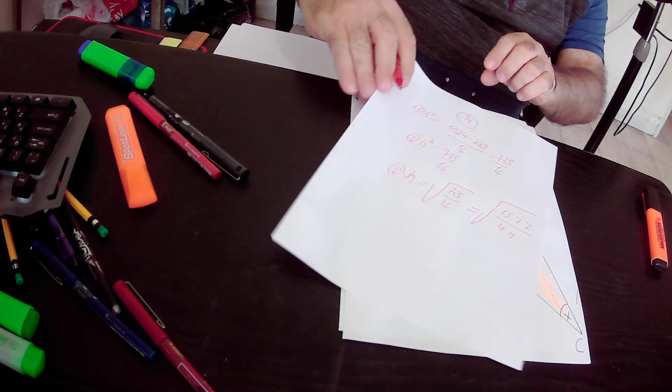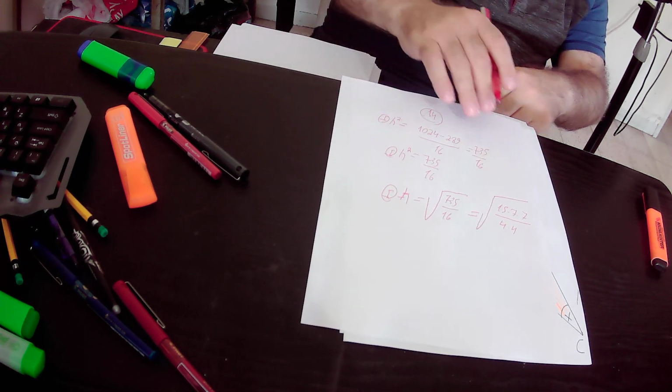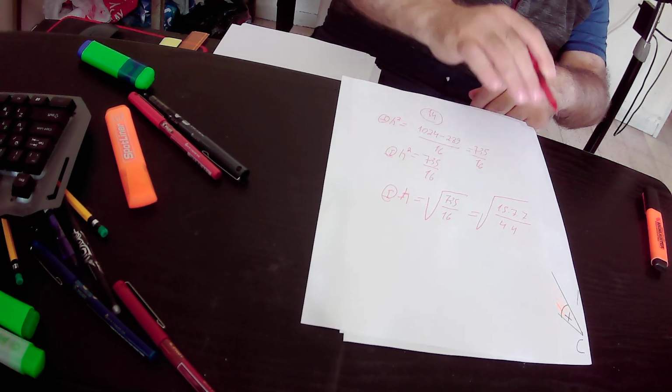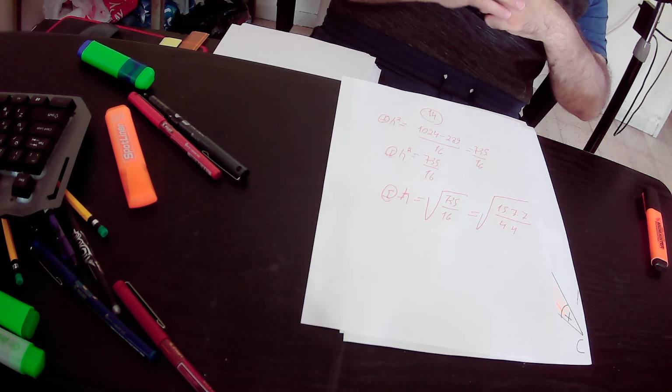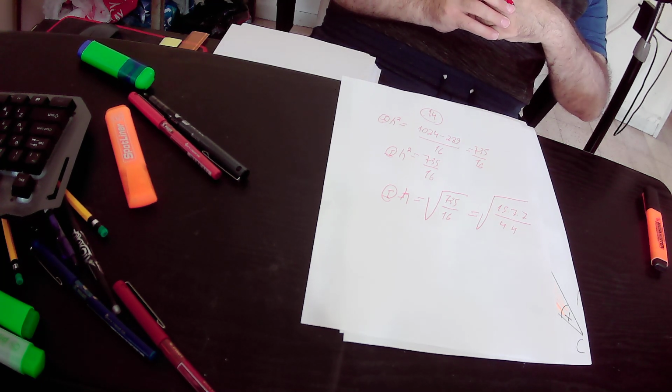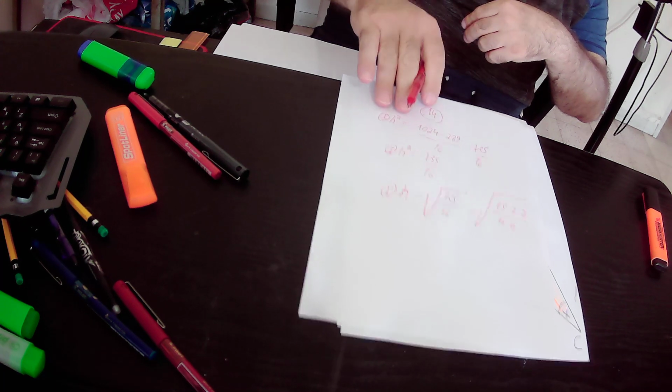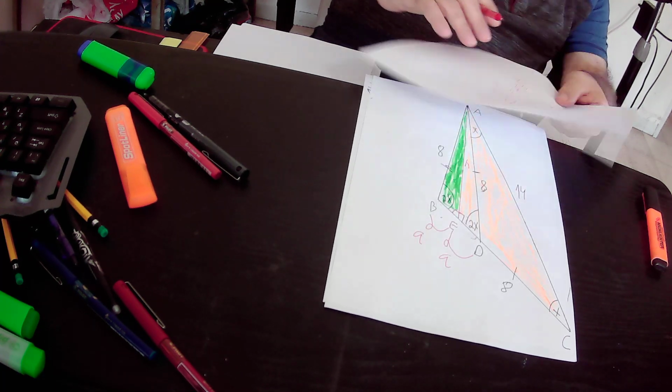The root of 7 times 7 is 7 and the root of 4 times 4 is 4, so we can take out 7 over 4 out of the root.